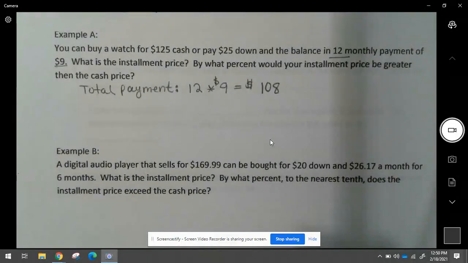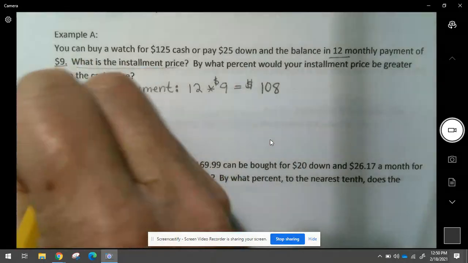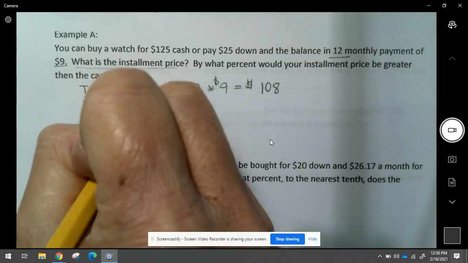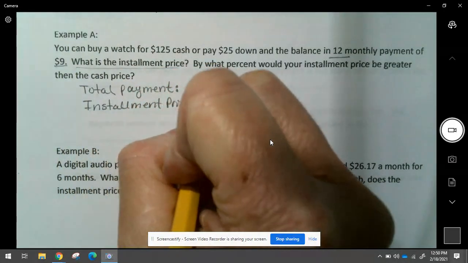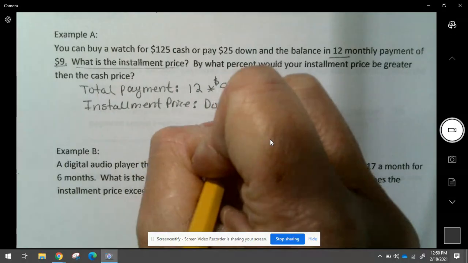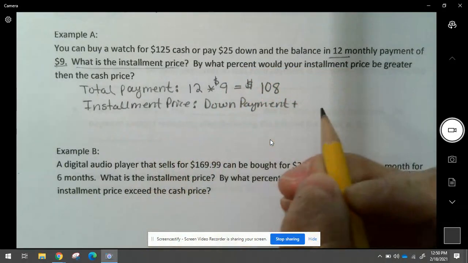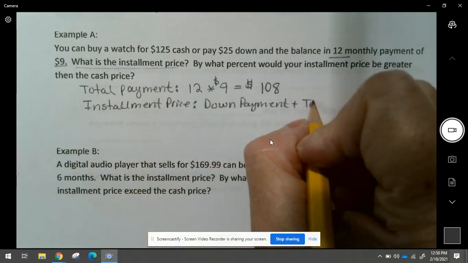Now, the installment price, that's what they're asking us for. I'll write this down. Installment price is going to be calculated by taking our down payment and we're going to add to it our total monthly payment, which we just found up here, our total payment.